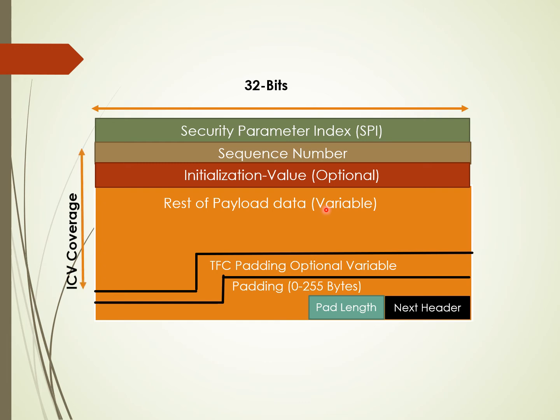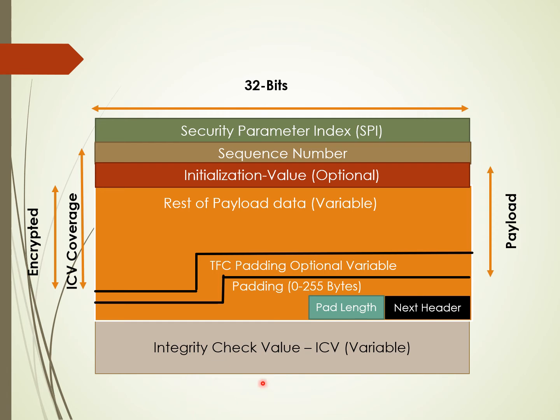For ICV coverage, we'll consider the payload, initialization vector and sequence number. For encryption, we are considering only the payload data, which we need to encrypt. The payload gives the rest of the payload data and the initialization vector.